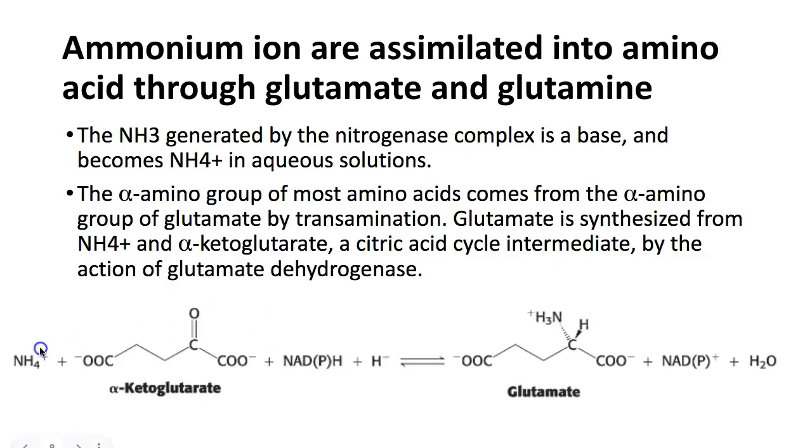Remember that the ammonium ion and the alpha ketoglutarate form a Schiff base, and that Schiff base is protonated, and also the carbonyl is reduced by the NADPH to add another hydrogen transfer to end up making glutamate, which is a source of nitrogen.